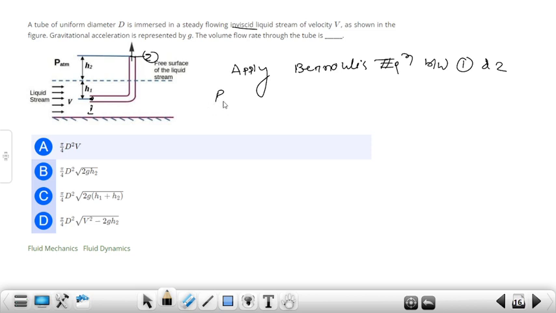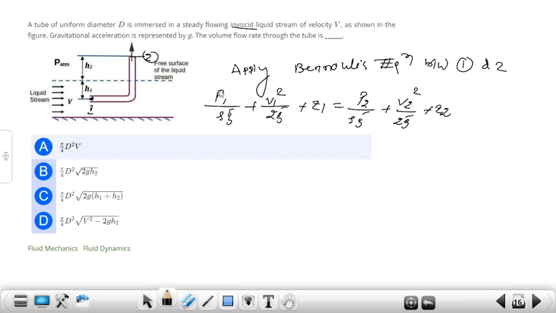So Bernoulli equation is P1 by rho g plus V1 square divided by 2g plus Z1 is equal to P2 by rho g plus V2 square divided by 2g plus Z2, and head loss is 0 as it is an inviscid liquid stream.